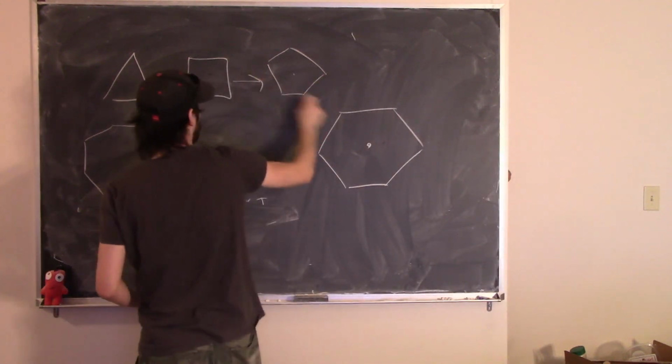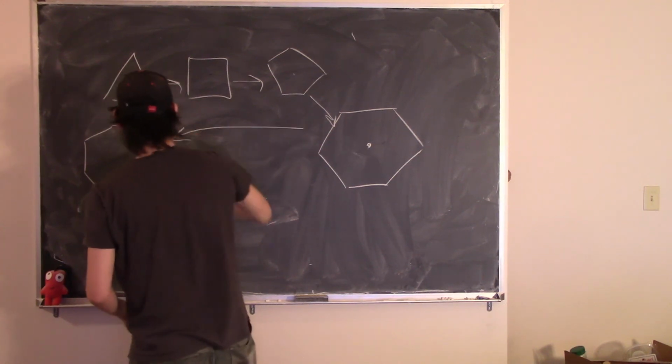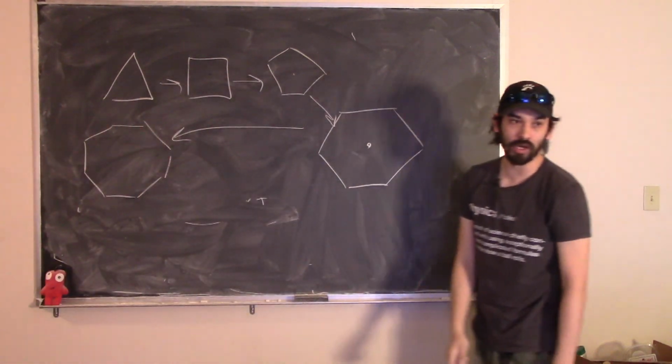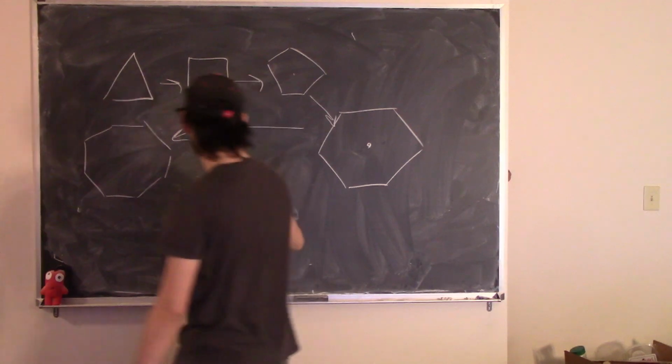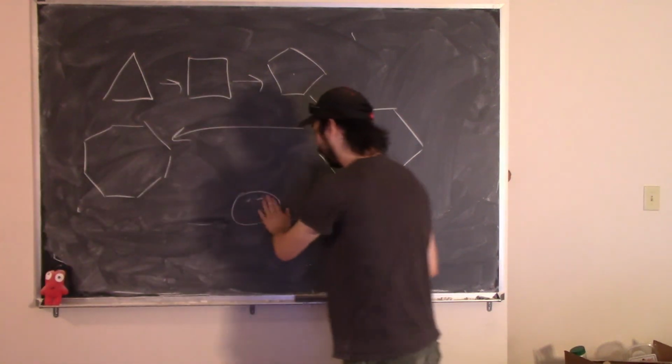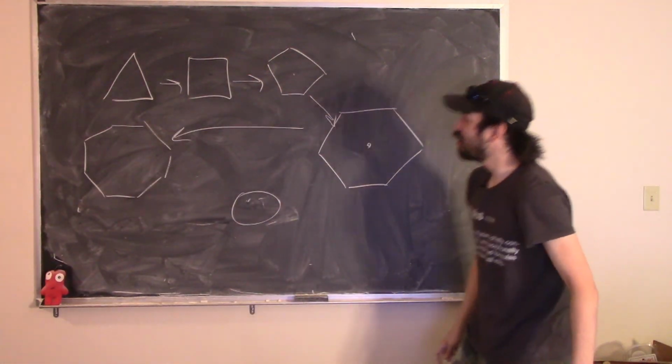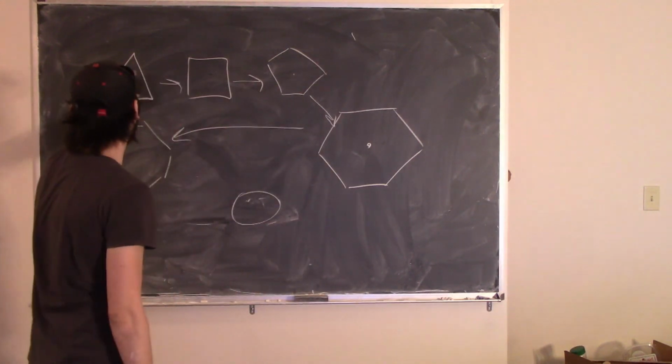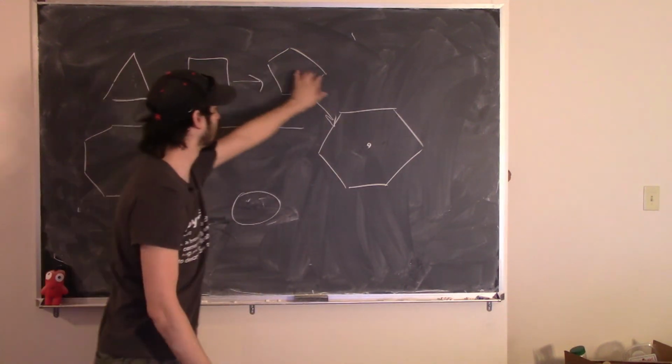So you go here to here to here to here to some polygon with n sides that looks like a circle. And what would be interesting to show is find the pattern for what the magnetic field looks like for every one of these.